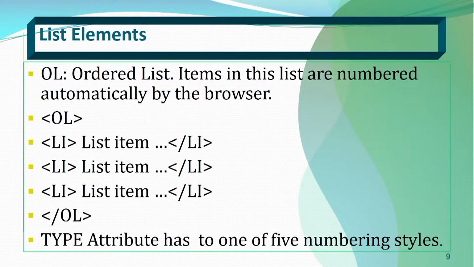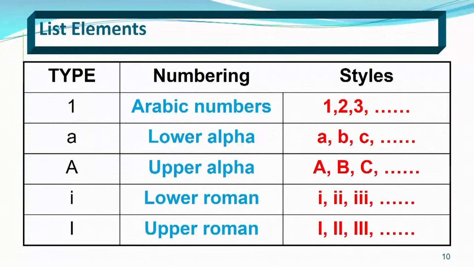In an ordered list we have a sequence. Items in this list are numbered automatically by the browser. We can have the sequence 1, 2, 3 or A, B, C, and we have to just set the first item number, then other items are listed sequentially. So we can use Arabic numbers, lower alpha, upper alpha, lower Roman and upper Roman numbers.